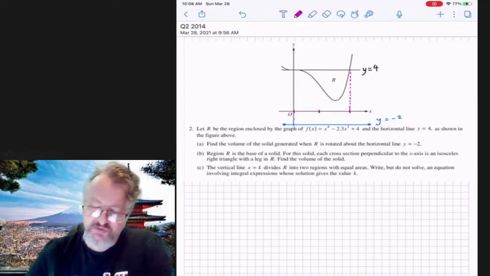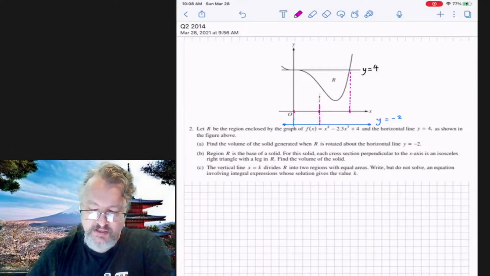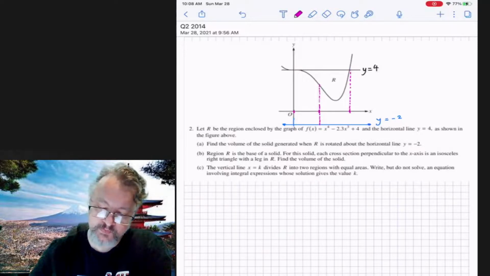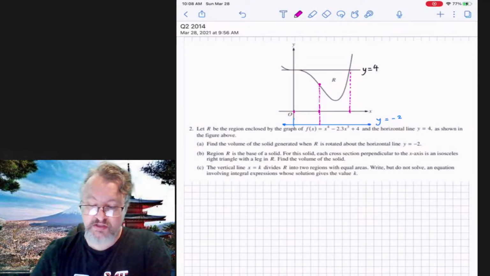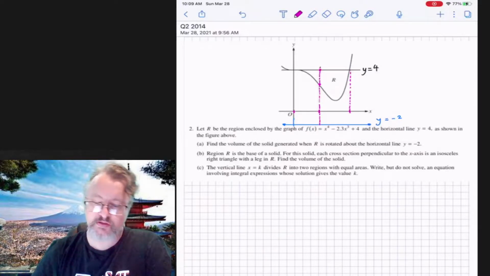I'm going to draw a vertical line from the axis of revolution, which is the horizontal line y equal -2. It's going to meet the first function. I'm going to draw a dot right here. I'm going to keep going up and draw another dot.